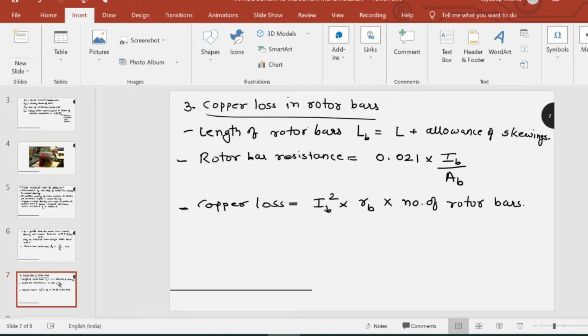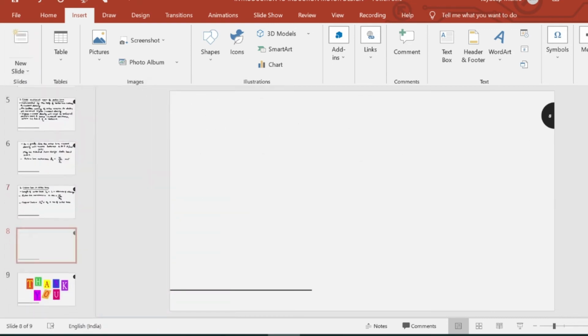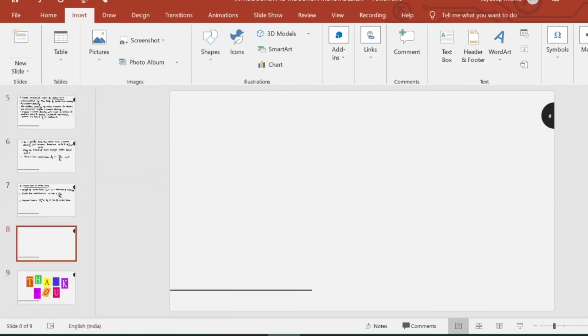So the copper loss in the rotor bar we will find with the help of the length of the rotor bar, rotor bar resistance and also rotor bar current. Now the fourth topic is shape and size of the rotor slots.